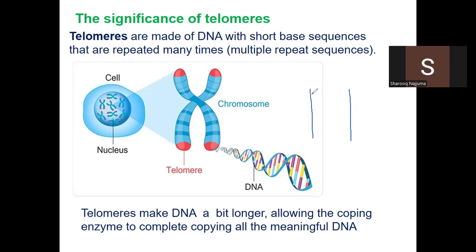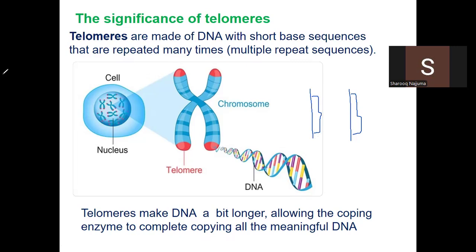Assuming the enzyme comes and copies just this section, it leaves some ends of the DNA. That is the enzyme DNA polymerase. It stops somewhere before the end of the DNA molecule. What does that mean? It means that this information that has not been copied is going to be lost.